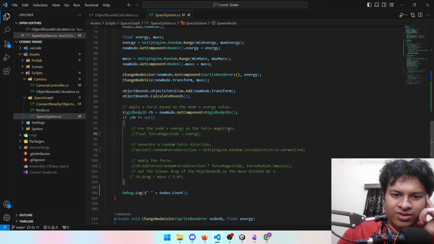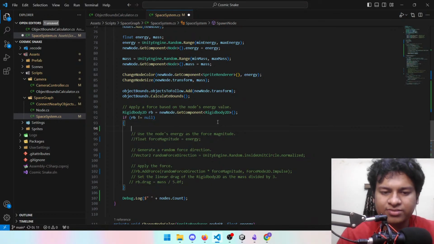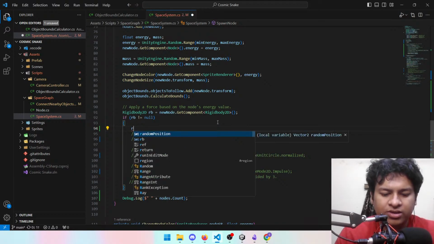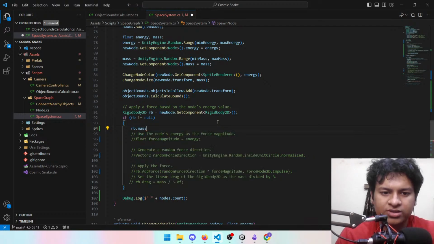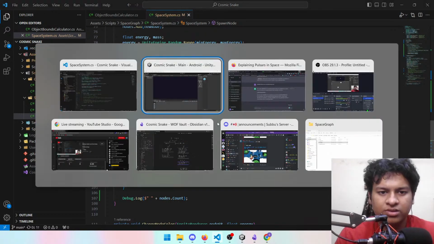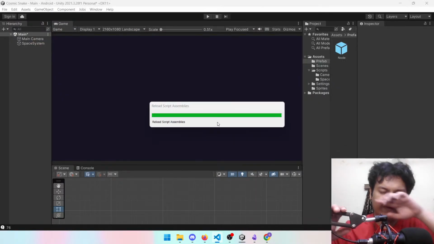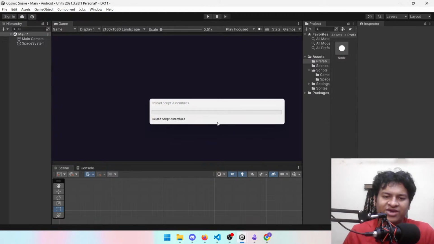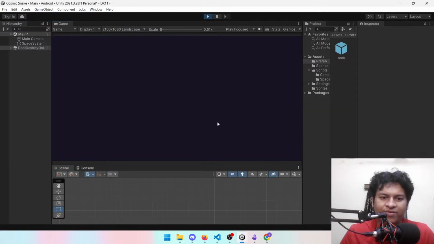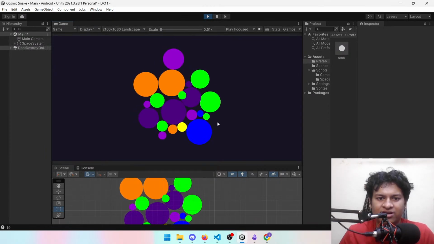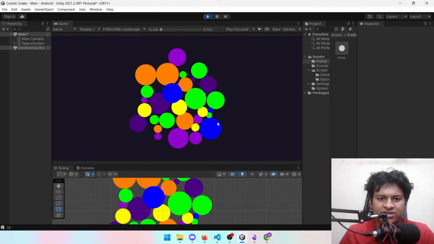So we need to change that and then it should be a bit better. RB dot mass equals mass. Now the mass should be different. The mass we were giving was just a random value attached to the size, but it was not related to physics at all.